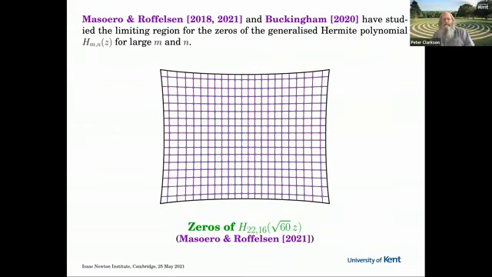This is a figure taken from a recent paper by Davide and Ruffelson, where they're looking at the zeros of H2216, and they've got the square root of 60 as the ratio.